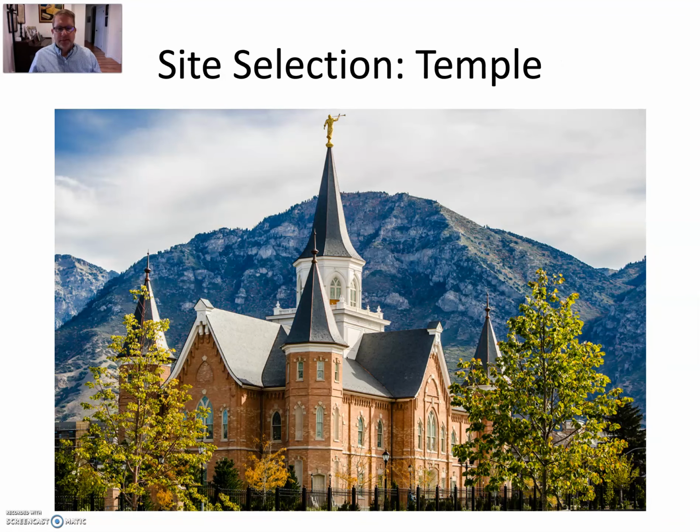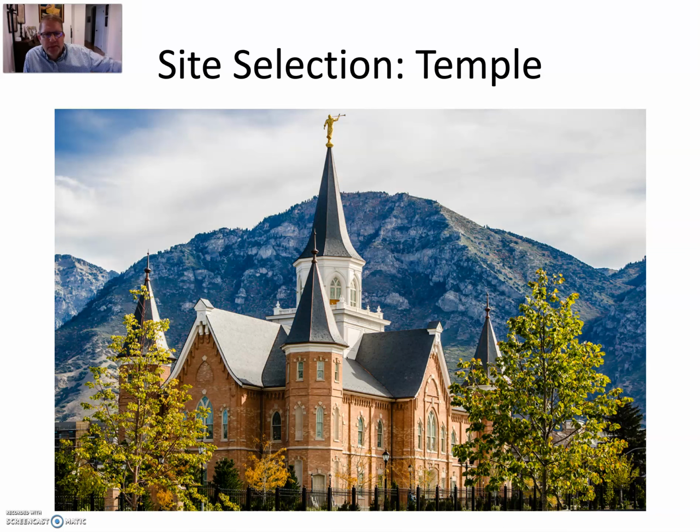And, oh, excuse me, I said finally, but actually finally, it's the temple. The temple is a great project. We've got multiple temples throughout the state of Utah and the world. A lot of them are shut down right now under coronavirus restrictions. But let's imagine that we're going to build a new temple in the county that you choose. Is there already a temple there?